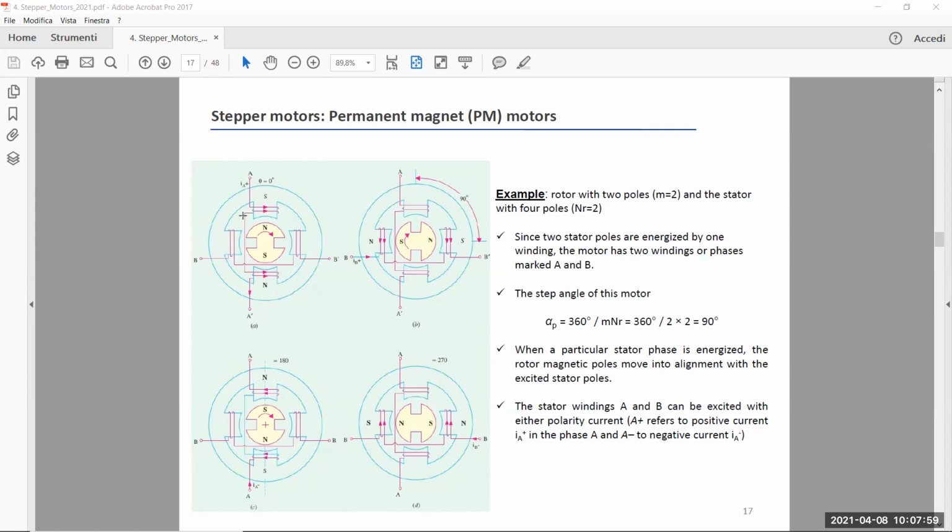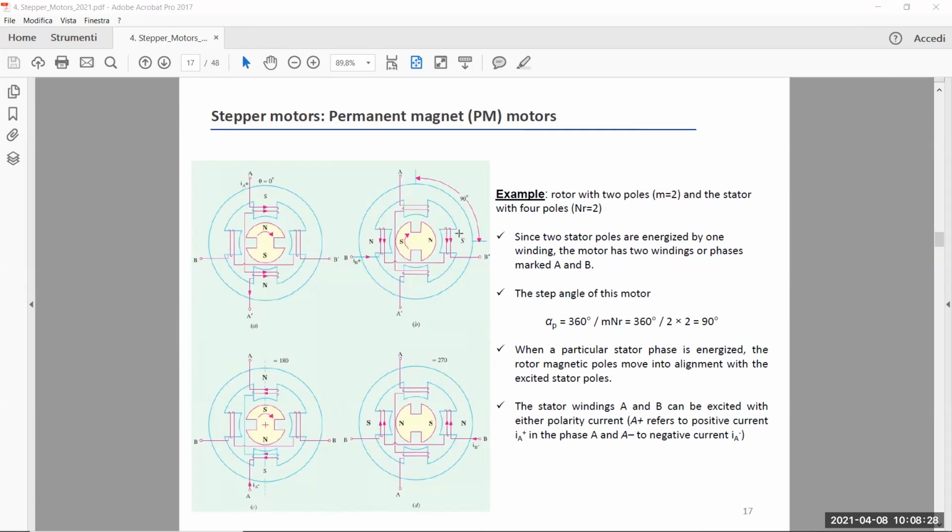So the current entering the node A will exit the node A prime here, generating a south pole on the upper expansion and a north pole on the lower expansion. In that case, you have alignment of the rotor according to this magnetization. So the north pole of the rotor is close to the south pole of the stator, etc.